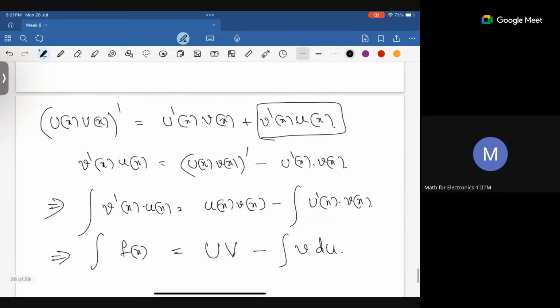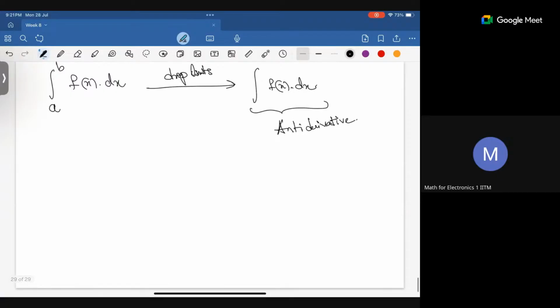Okay, and what we do is, if we want the integral of u of x v of x dx, then firstly we drop the limits for the first step. Then you take u of x times the integration of v of x dx.